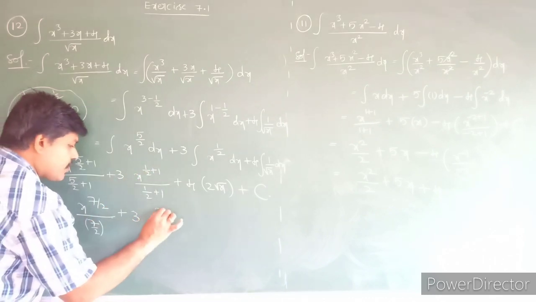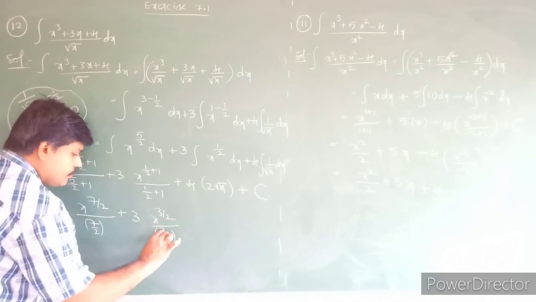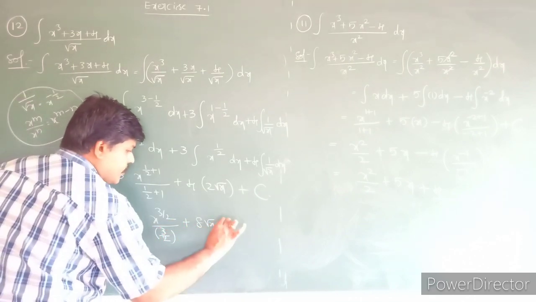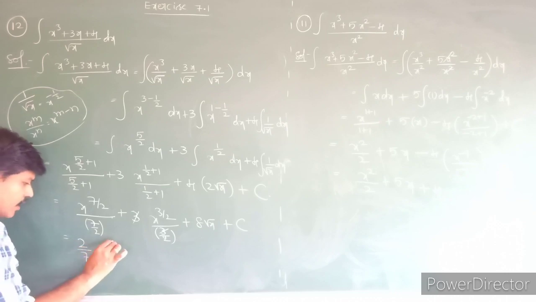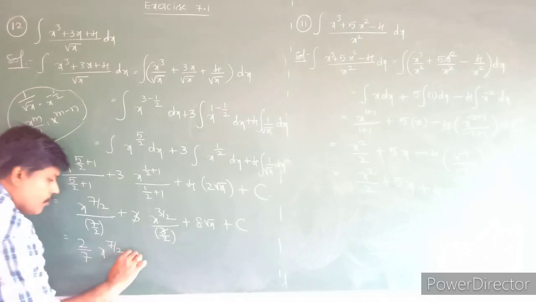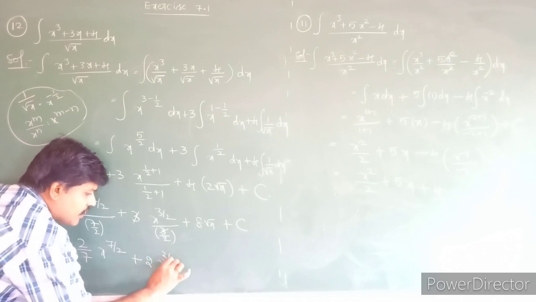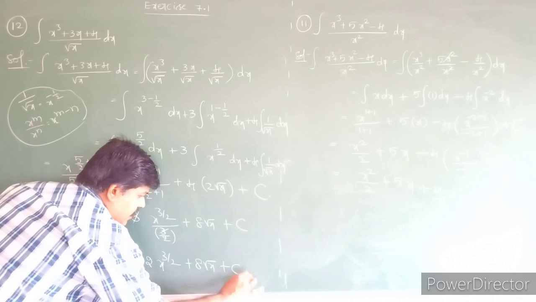So that means x power 3 by 2 by 3 by 2, plus 8 root x plus c. So here 3 will be cancelled and take the 7 by 2 to the numerator. It will become 2 by 7 into x power 7 by 2, plus this 2 taken into the numerator, it will become 2 into x power 3 by 2, plus 8 root x plus c.